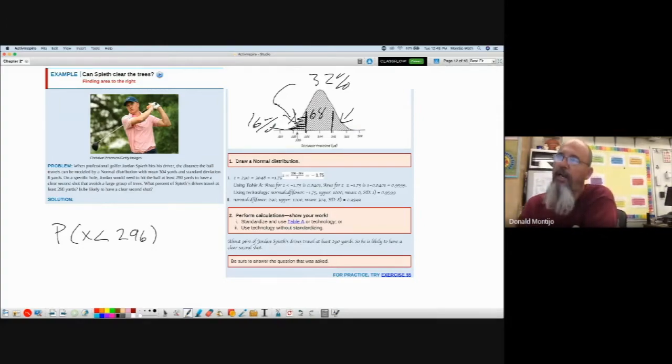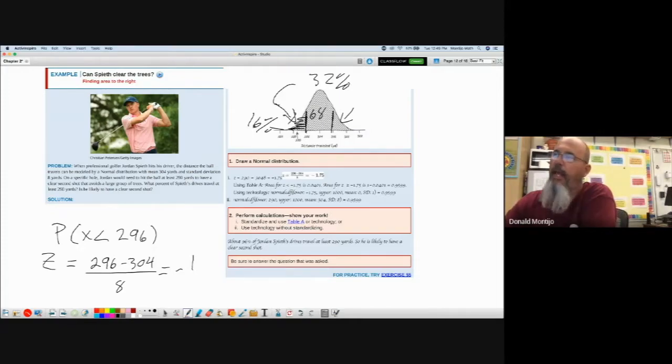Well, how would we do that on table A without using the 68, 95, 99.7 rule? Well, to use table A, we must standardize the scores, which means change them to z-scores. So z would equal the score we're interested in minus the mean divided by the standard deviation. So it would give us a z-score of -1.